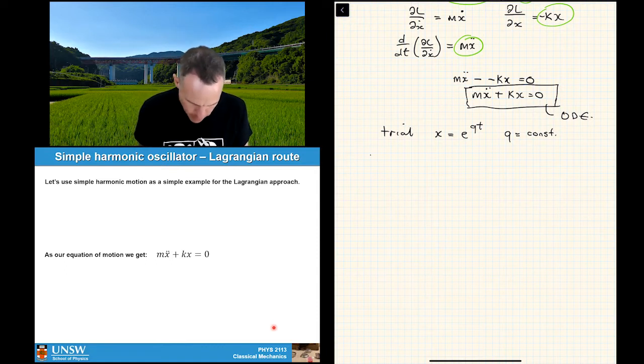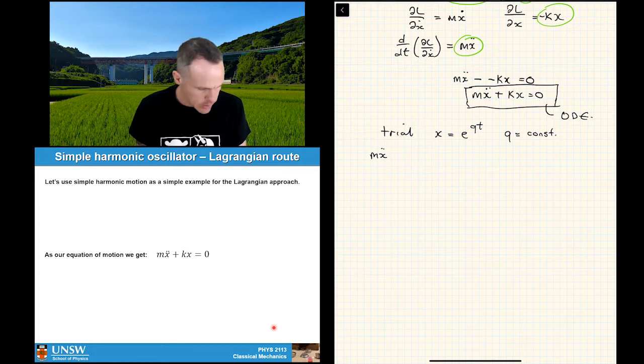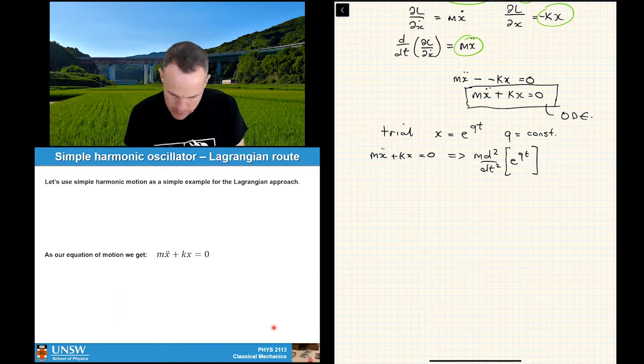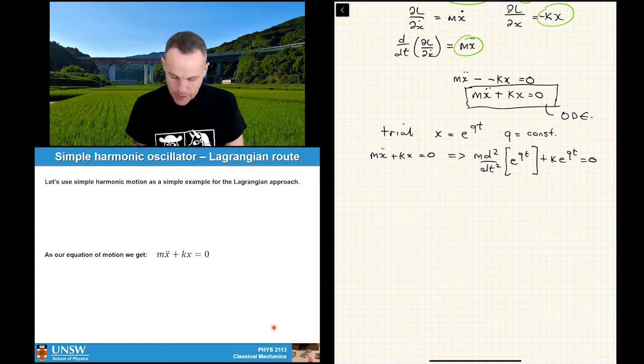So let's consider this for a moment. We've got mx double dot plus kx equals 0 becomes m d²/dt² of e^(qt) plus k e^(qt) equals 0, just to write it out in full detail, okay? And so I can work my way through and start taking this derivative.